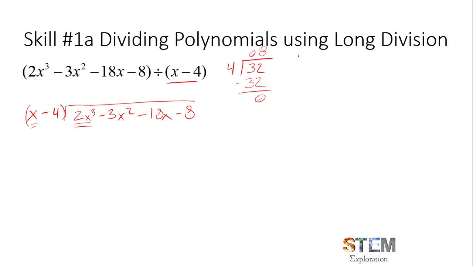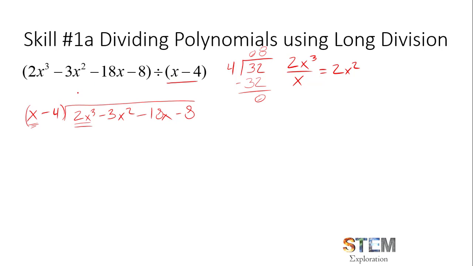So in a lot of Algebra 2 textbooks, we look at it from the perspective that if we take 2x cubed and divide it by the leading term of the binomial, x, we get 2x squared. We need to multiply x by 2x squared in order to get 2x cubed.